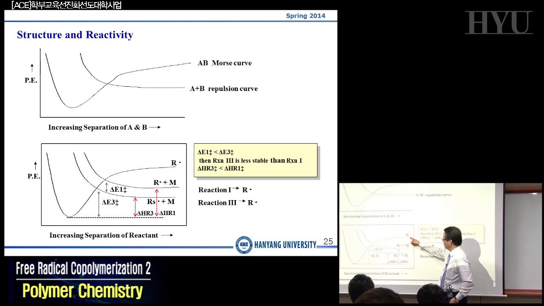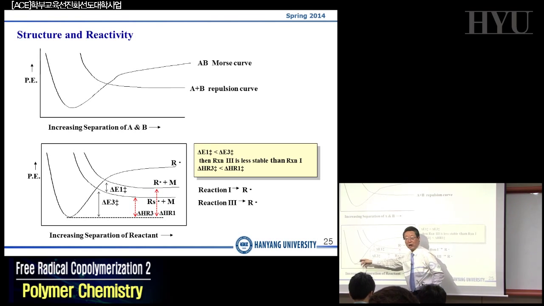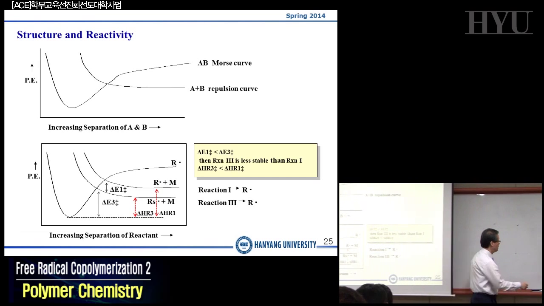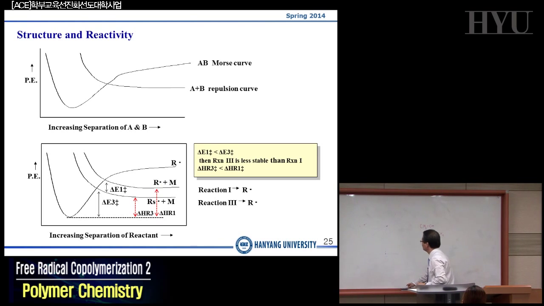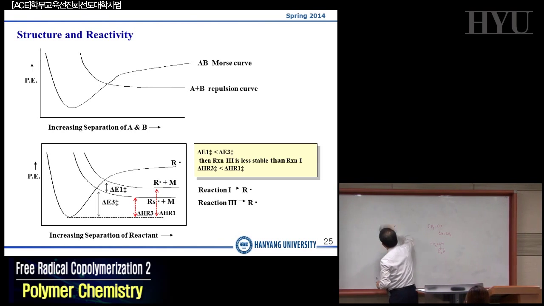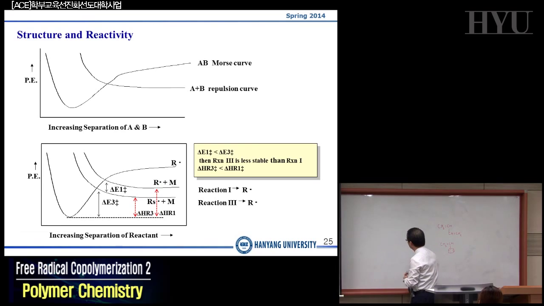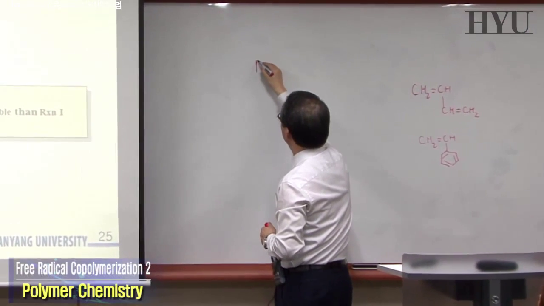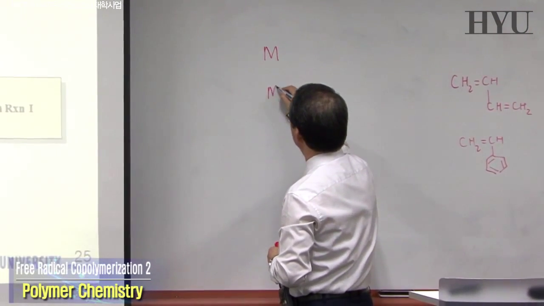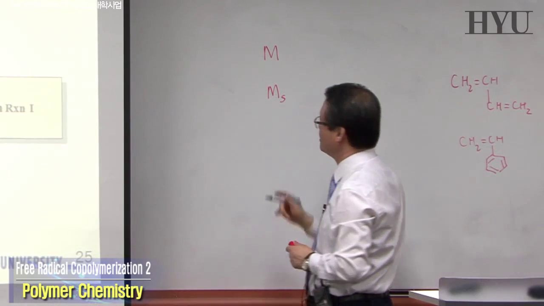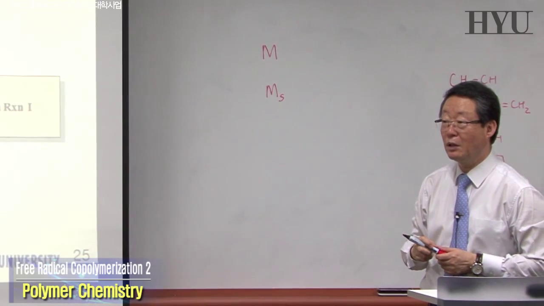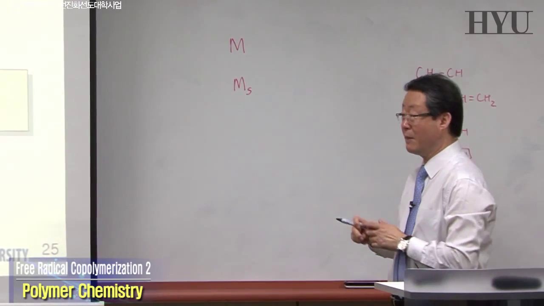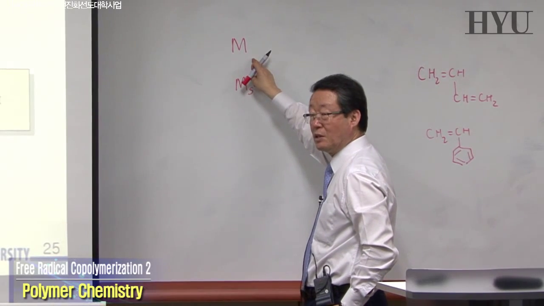If I have a given radical, R, I have M and MS. S means stabilized monomer, such as styrene and butadiene, whereas M could be a non-stabilized monomer.